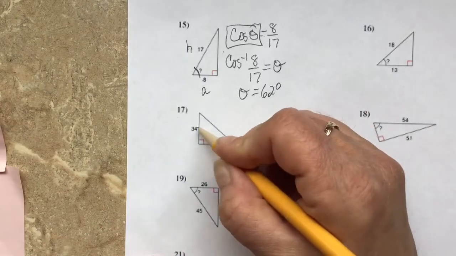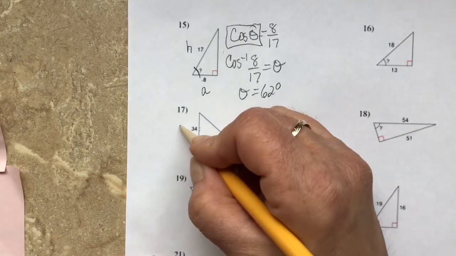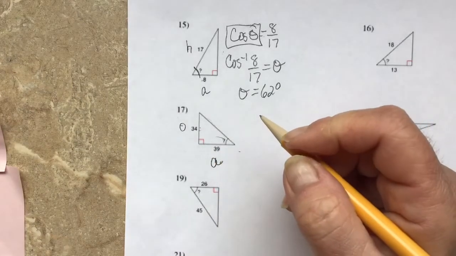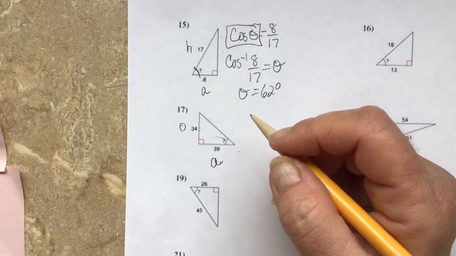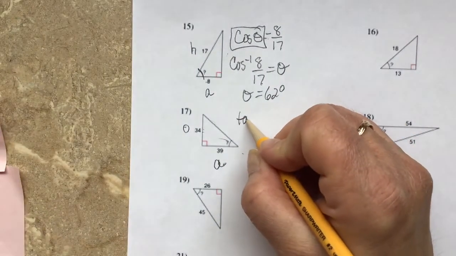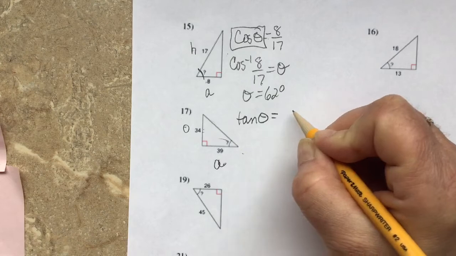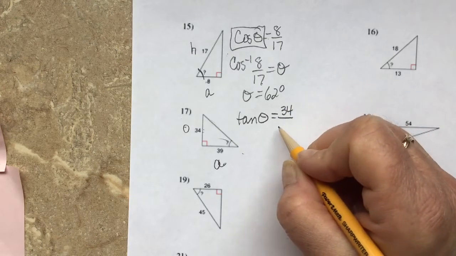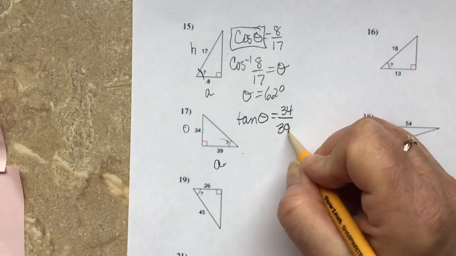Number 17. There's my opposite. There's my hypotenuse. That's my adjacent. I have an O and an A, so I have to use TOA. So tangent of theta equals opposite over adjacent, 34 over 39.